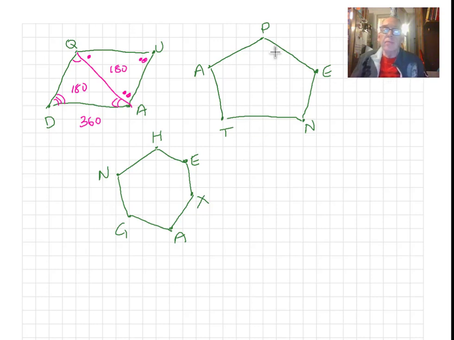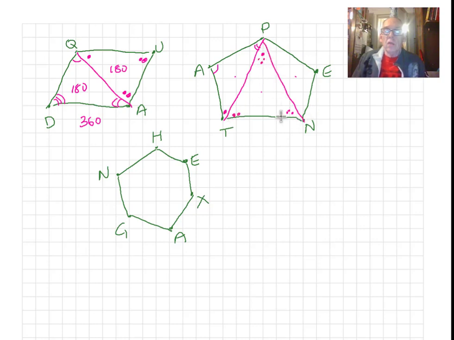Let's look at the pentagon. 5 sides. We can draw a diagonal from there to there, and we can draw another one from here to here. So basically we can make 3 triangles with a pentagon.